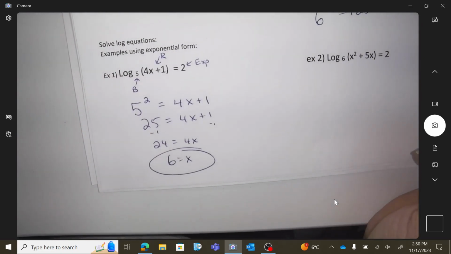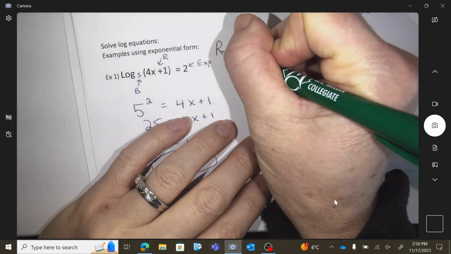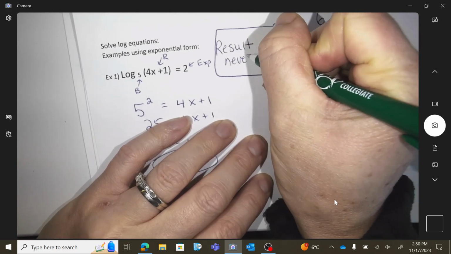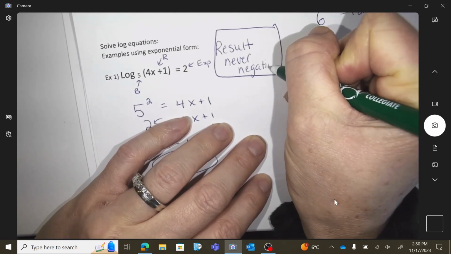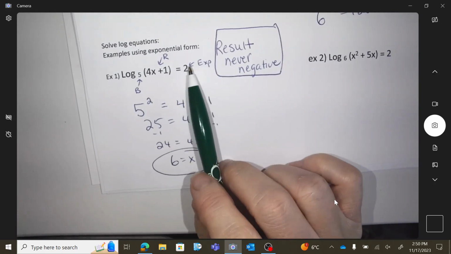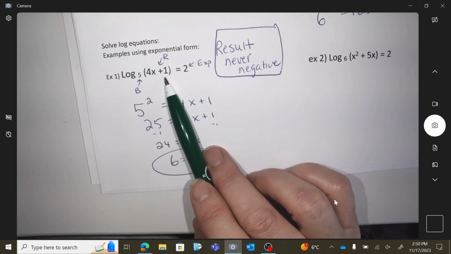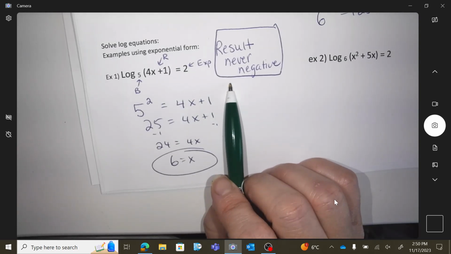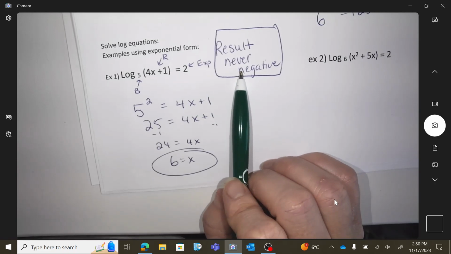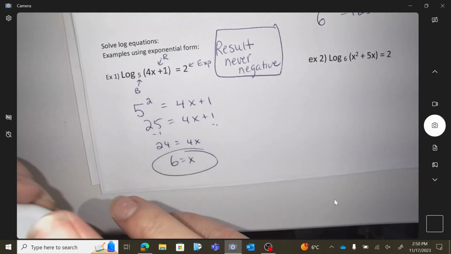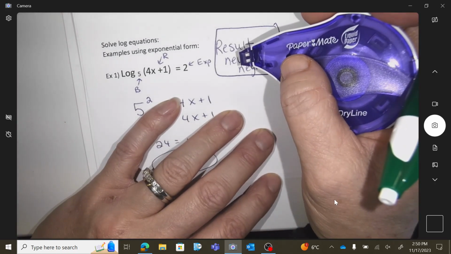Now I need to tell you something about the results. Whatever you have in a log, the result can never be negative, ever. It can't be 0 either.